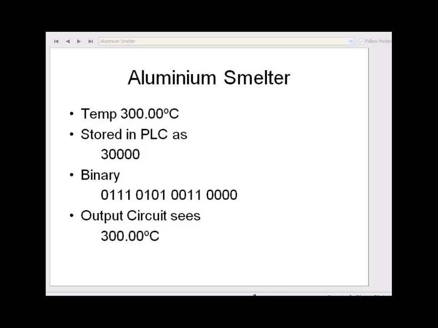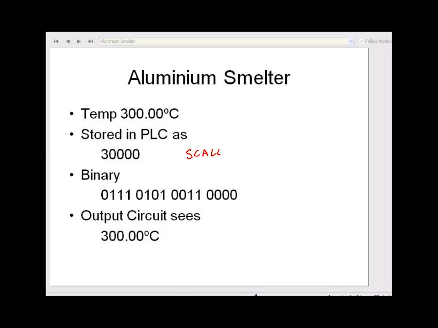I was working on an aluminium smelter, and we had a lovely new crucible arrive with a lovely new control system, and we were trying to warm this thing up to around 400 degrees C. The temperature came up to 300 degrees C, and 300 was stored in the PLC as scaled integer.